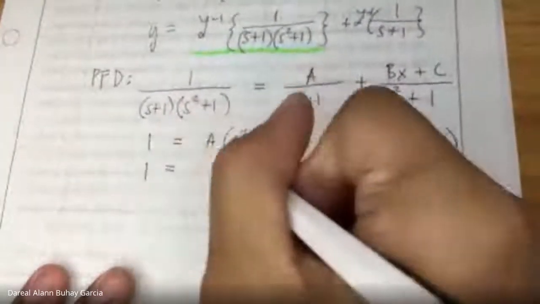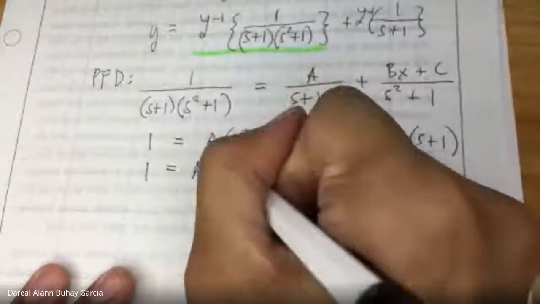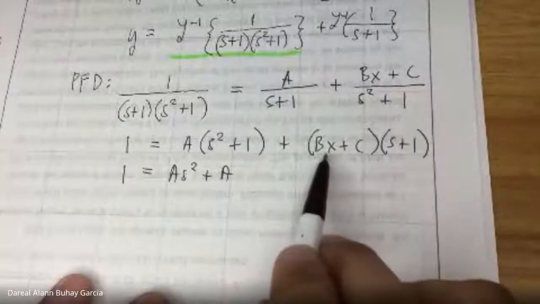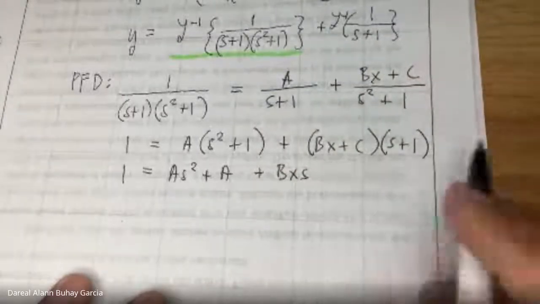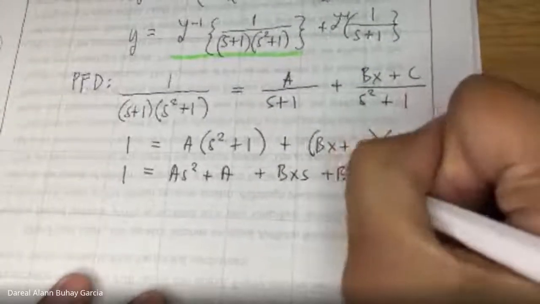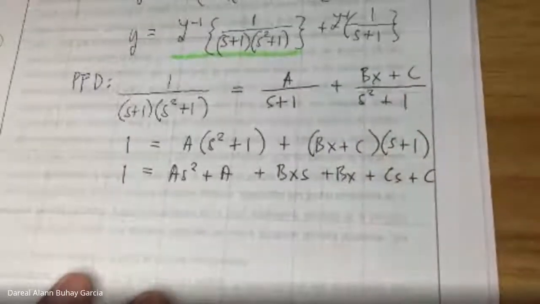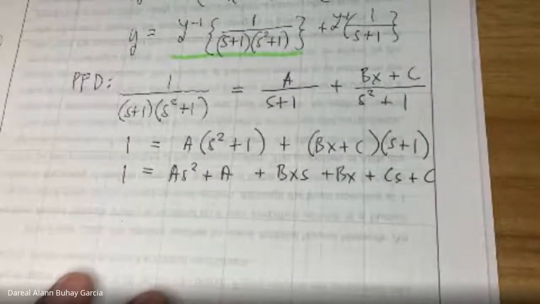1 equal to A s squared plus A, plus Bs squared plus Bs, plus Cs plus C. I think this is correct.